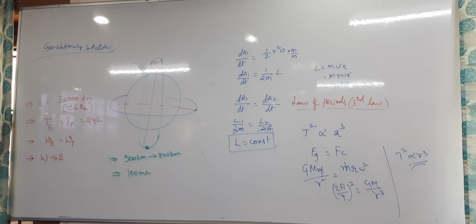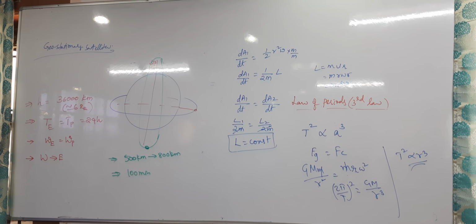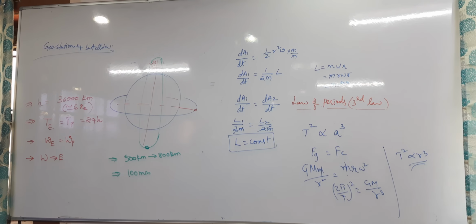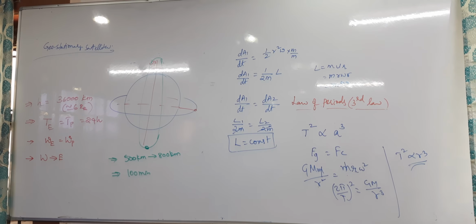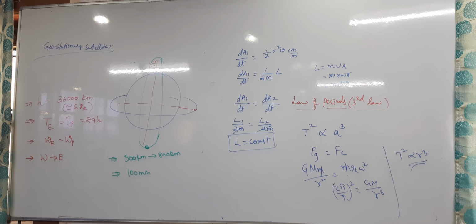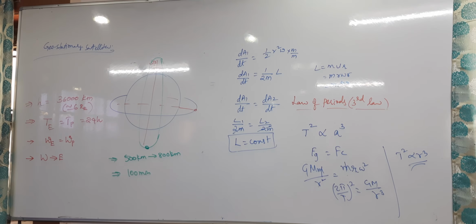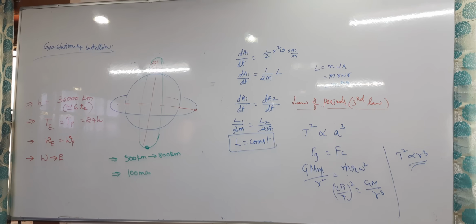Second question. If the satellite is stopped suddenly in its orbit, and allowed to fall freely on the Earth, find the speed with which it hits the surface of Earth.